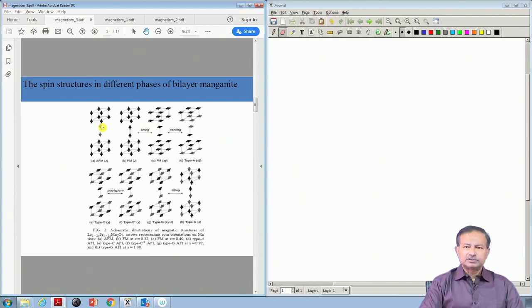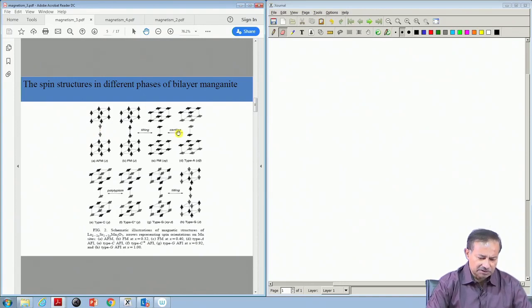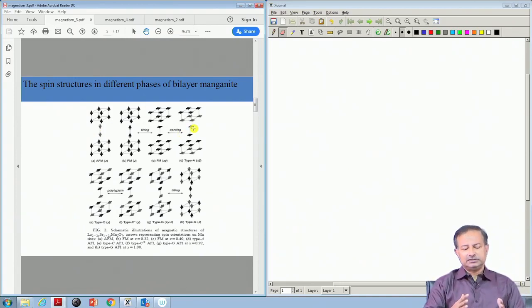There are other experiments also which look at the local magnetic environment, like NMR and NQR. These are some of the experiments, but the experimental details are extremely important, and they are an independent course itself.